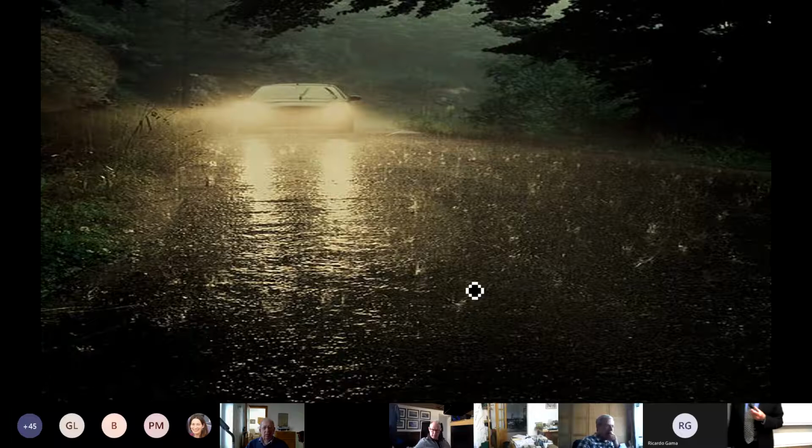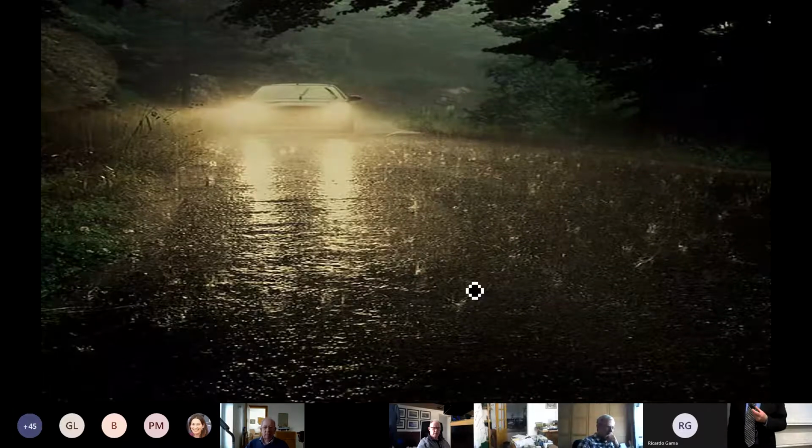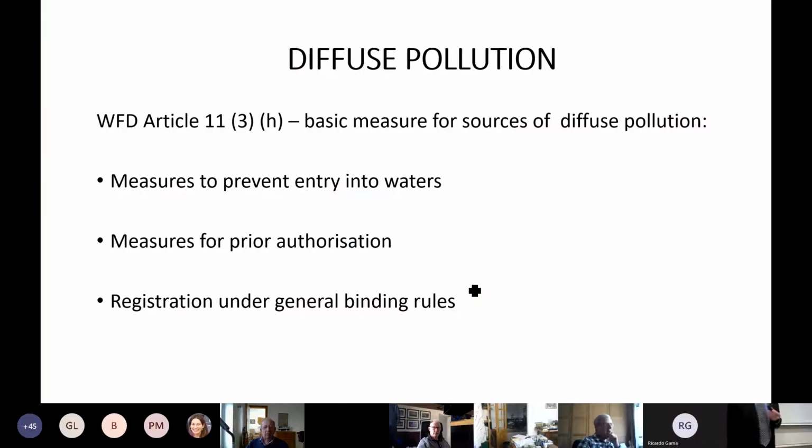Here you have the road, the car coming along, producing its pollutants, which flow off into the ground, and the pollutant then embeds in the ground and may be transferred some years later down to a watercourse. This is diffuse pollution, not a point source discharge, but a general discharge.